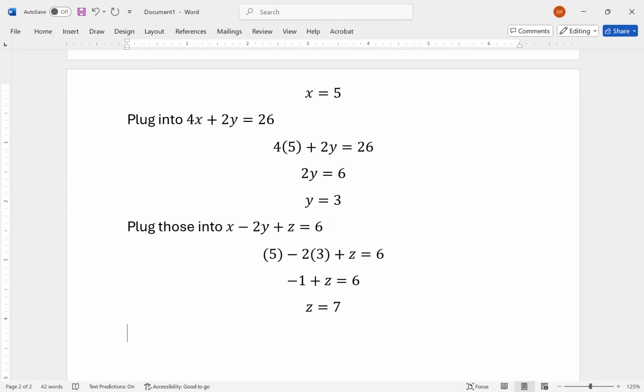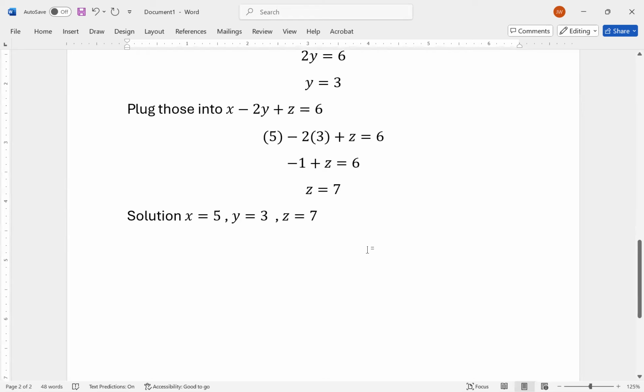So now I have my solution. My solution is happening when x is equal to 5, when y is equal to 3, and when z is equal to 7. So there you go. By the way, sometimes we would write that as an ordered triple instead of an ordered pair.